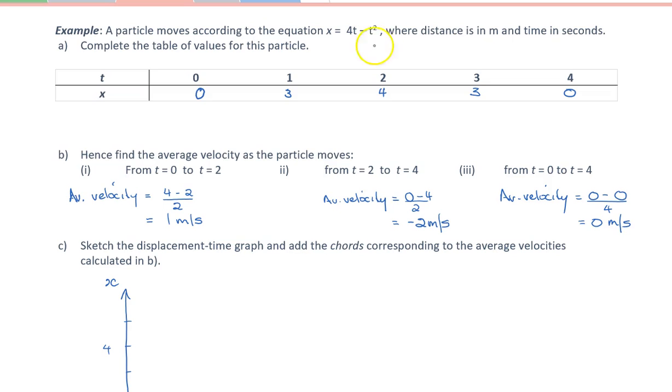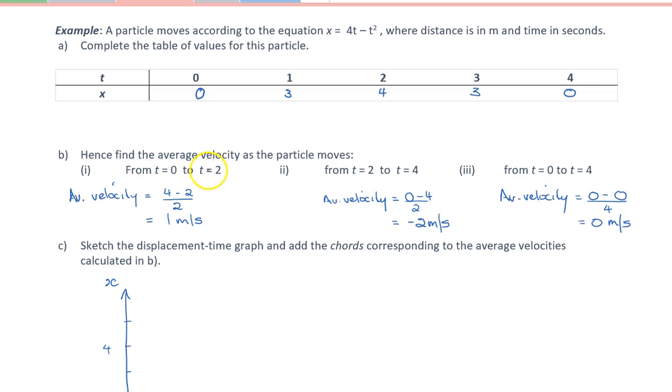So when t is 0, you can see that x would be 0, so it's starting at the origin. It's moving after 1 second, it's moved to a displacement of 3 units. Plus 3, it's moving in the positive direction away. At 2 seconds, it gets to a displacement of 4, but at 3 seconds, it's come back to 3, and at 4 seconds, it's back to 0.